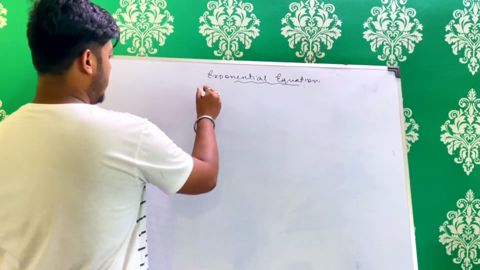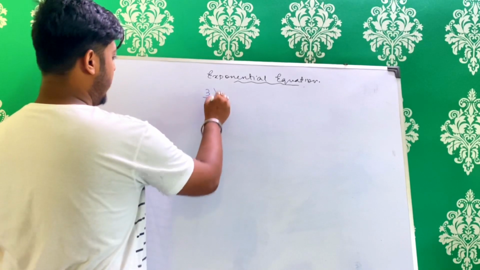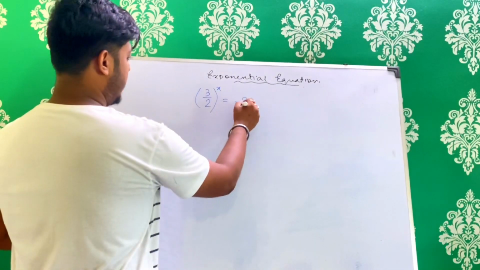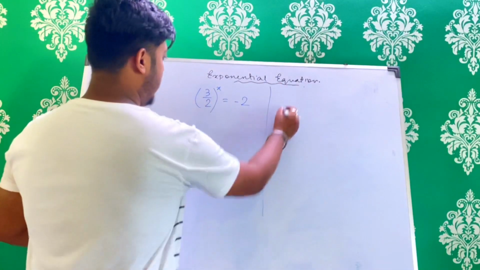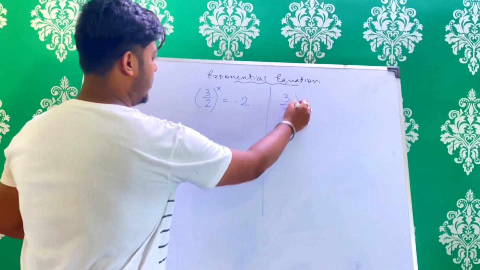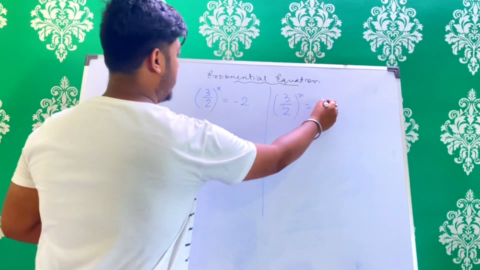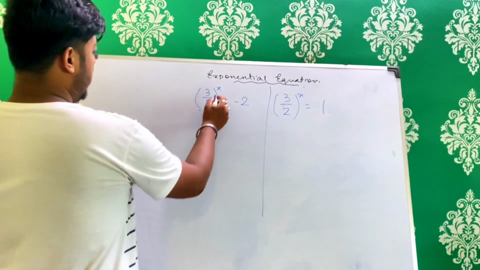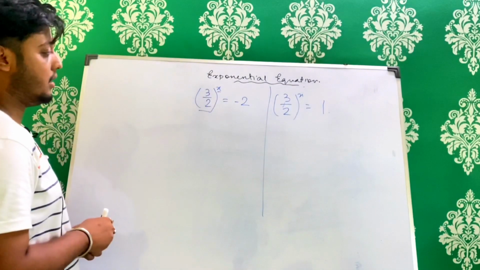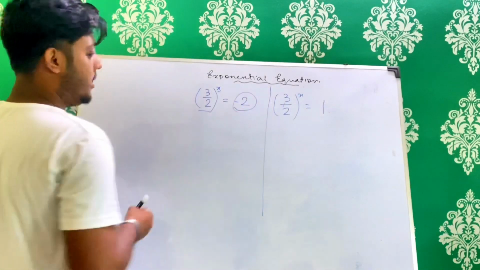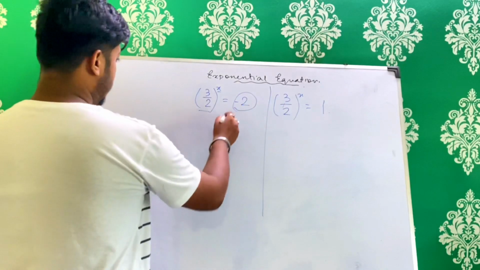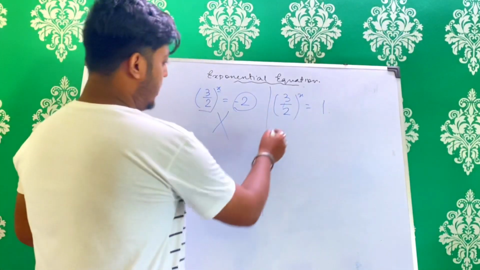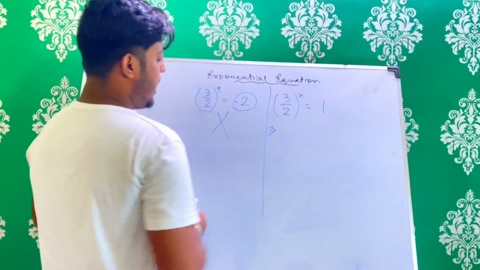So we will put 3 by 2 whole to the power x in place of k. So this would be one equation and 3 by 2 whole to the power x equals 1 would be another equation. And a positive number to the power of something cannot be negative, right? So this equation is not valid here.